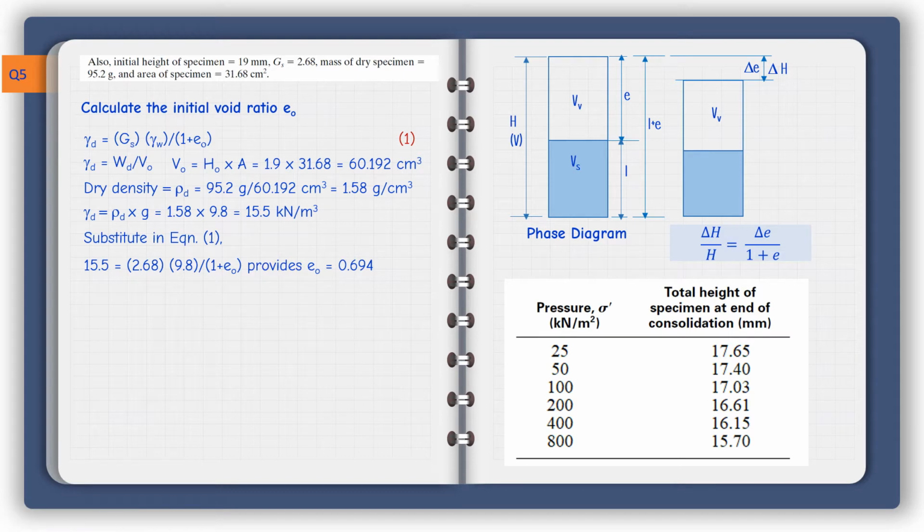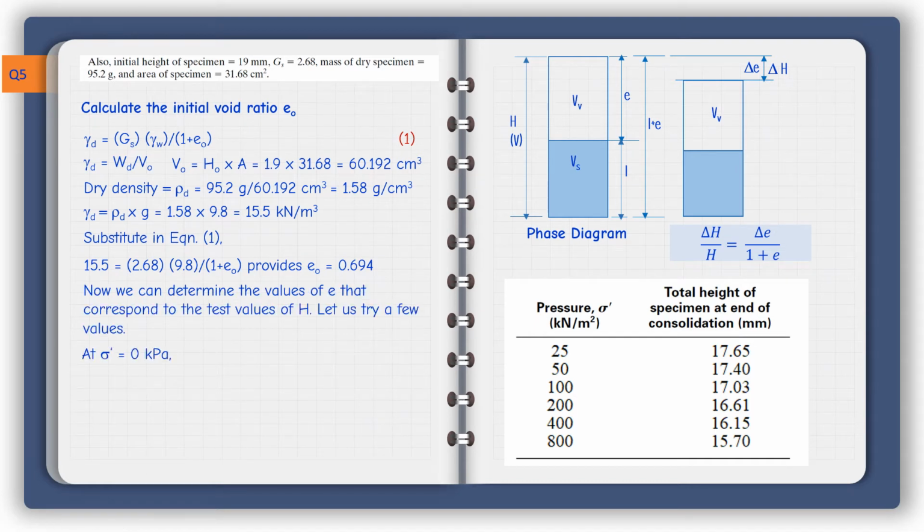Why do I need to calculate e naught? Because I should use this initial void ratio to work out the rest of the void ratios based on the given heights, using this correlation between the change in height and the corresponding change in the void ratio. So let us now try the first pressure value of 25 kPa.